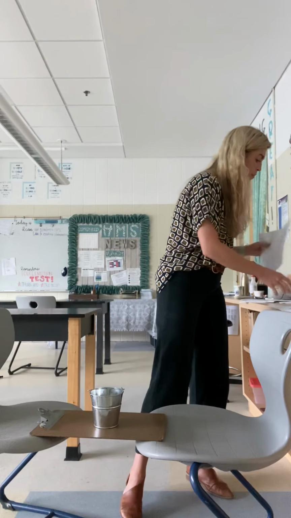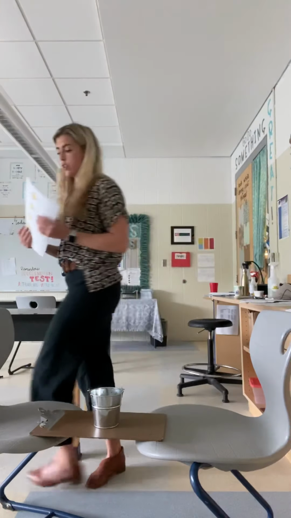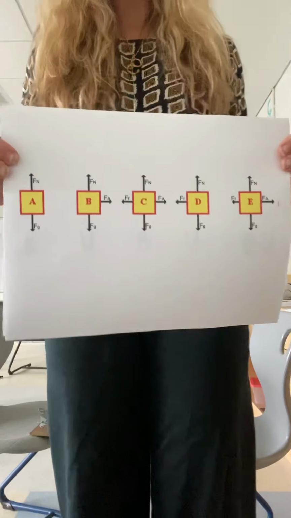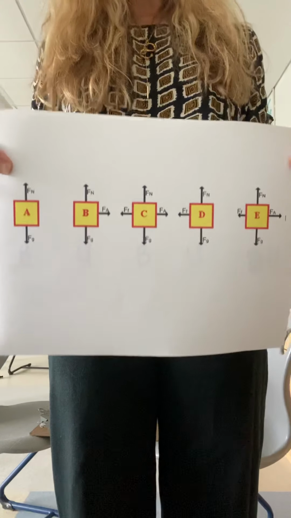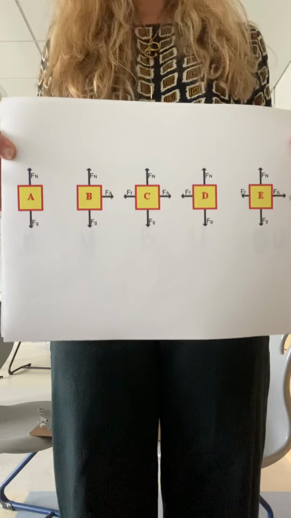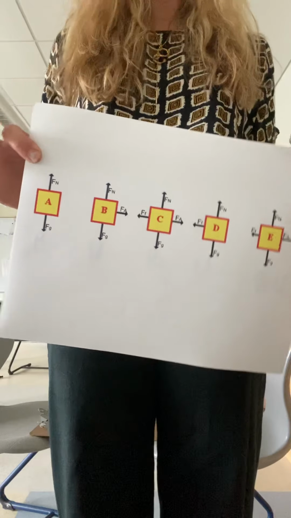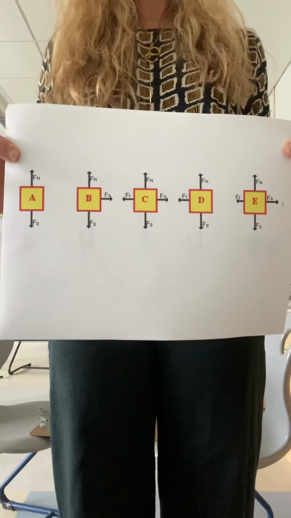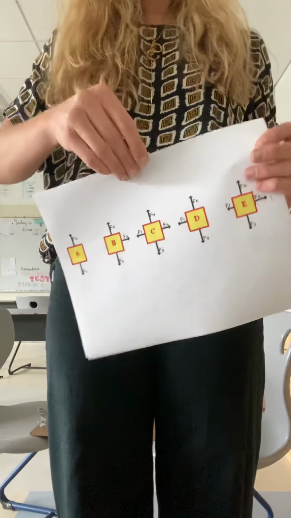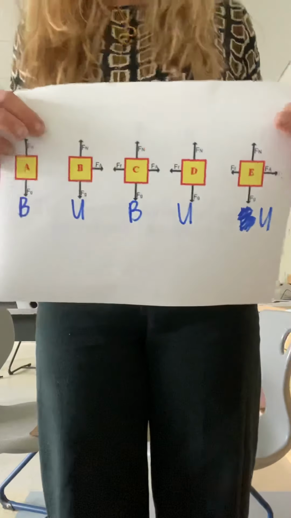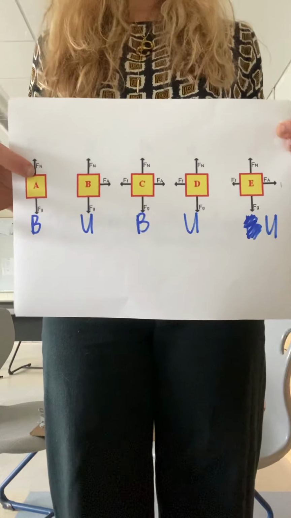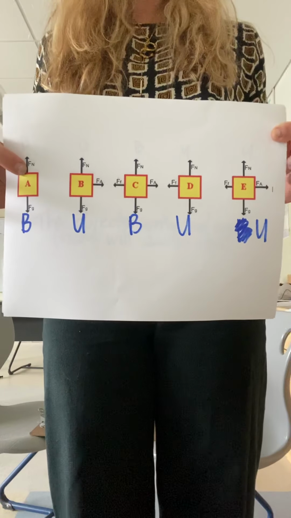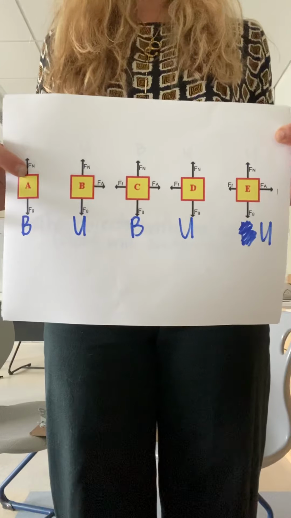Now, I want you to think about this in terms of our free body diagrams, okay? We practiced labeling them today. If I were to ask you to label each of these as balanced or unbalanced, okay? Hopefully you would tell me this. A is balanced, B is unbalanced, C is balanced, D is unbalanced, and E is unbalanced, okay?